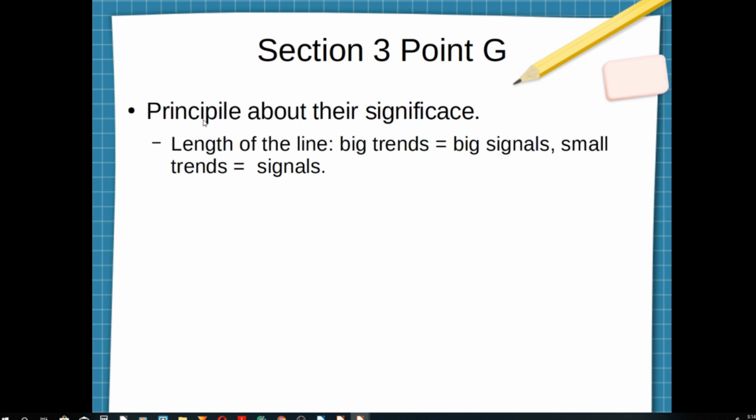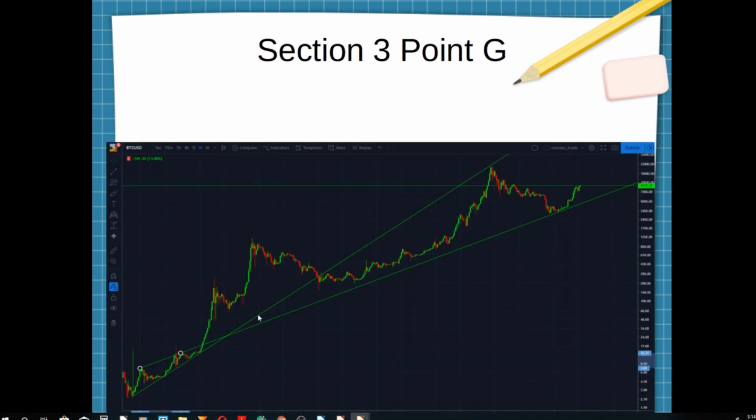Now let's talk about the principle of trend line significance. Remember, the length of the trend line is extremely important. Big trend line, big signal. Small trend lines, small signal. We have to go back on this. See that these are two trend lines that are 7 years old. Now remember that I gave you homework.